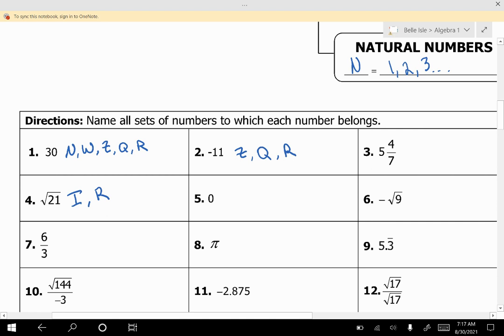Okay, so try and fill in the rest of this box on your own. Just pause the video, and then once you get done, you can press play, and then you can check yourself.